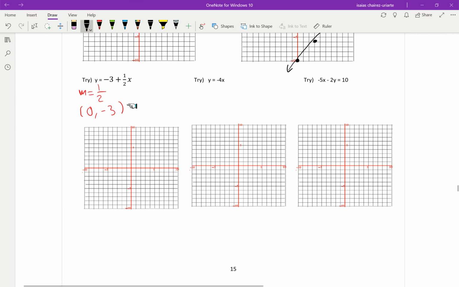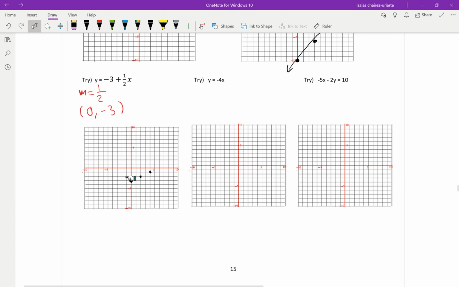First let me plot the point 0, negative 3. That's right there. Now my slope is telling me to go up 1 and to the right 2. And then just to make my line more accurate, up 1 and to the right 2.